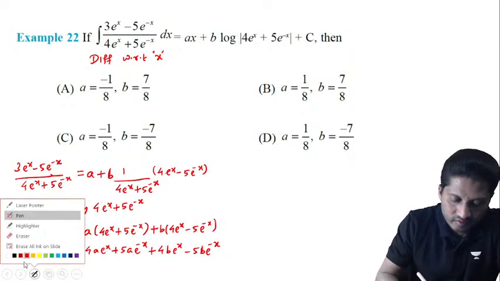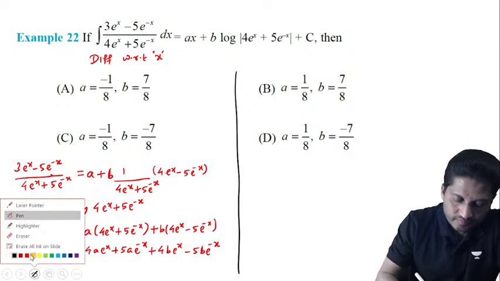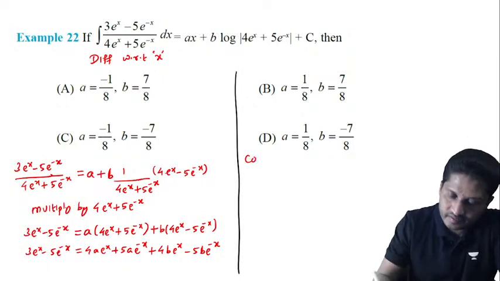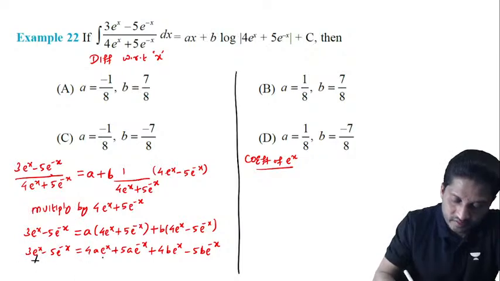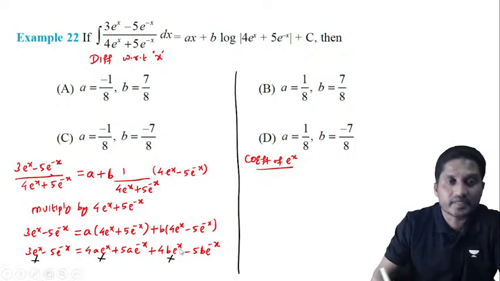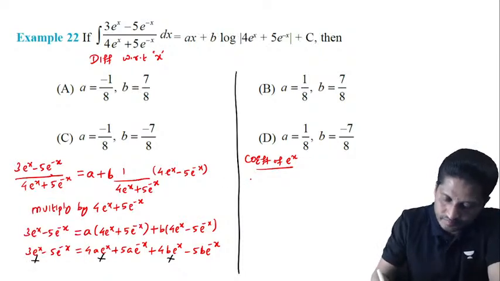Right, now if I equate the coefficient of e power x, the coefficient of e power x will be equal to 3 is equal to 4a plus 4b.